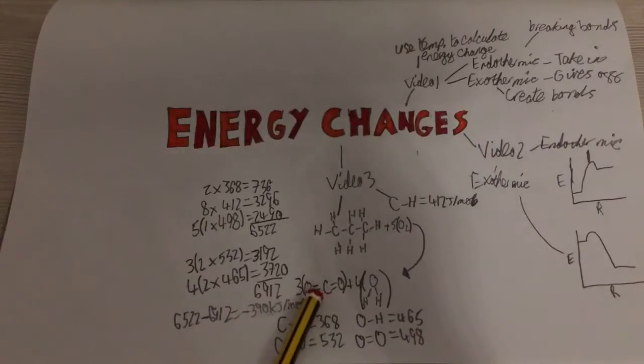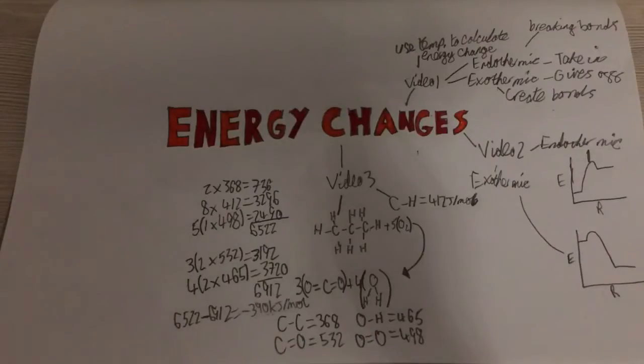If I had an oxygen attached to a carbon with a single bond, it would have a different energy requirement than a carbon to oxygen double bond. If you remember those points, then you should be fine working it out.